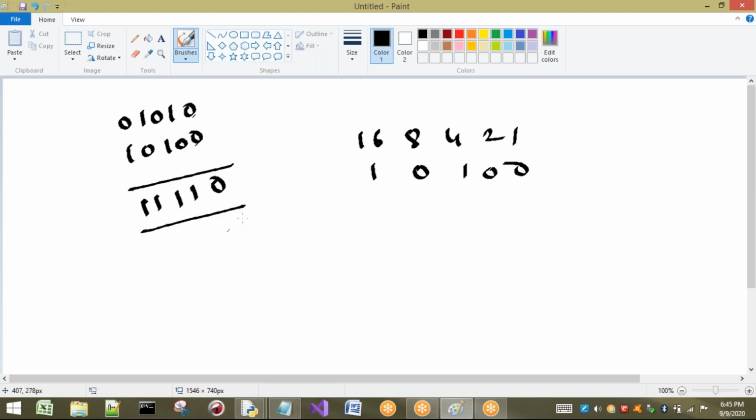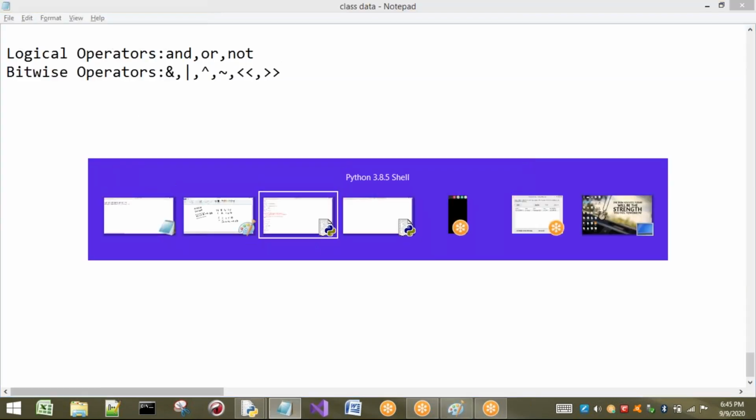The value of this one is 30. Let us see whether it is 30 or not. Just I will write here 1, 1, 1, 1, 0. This is 16 plus 8, which is 24. 24 plus 4 is 28. 28 plus 2 is nothing but 30. So the value of this one is 30. So we got 30 only.